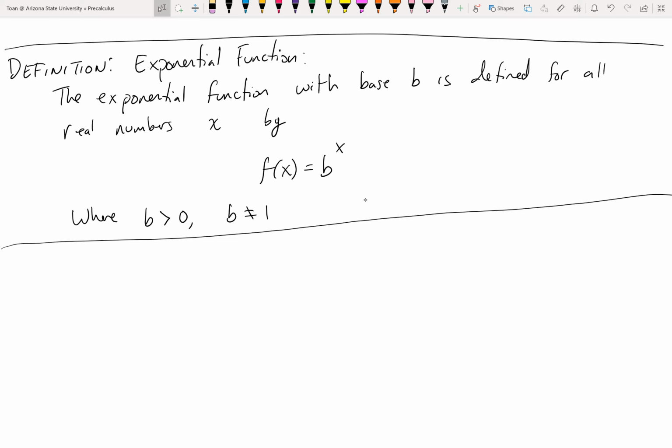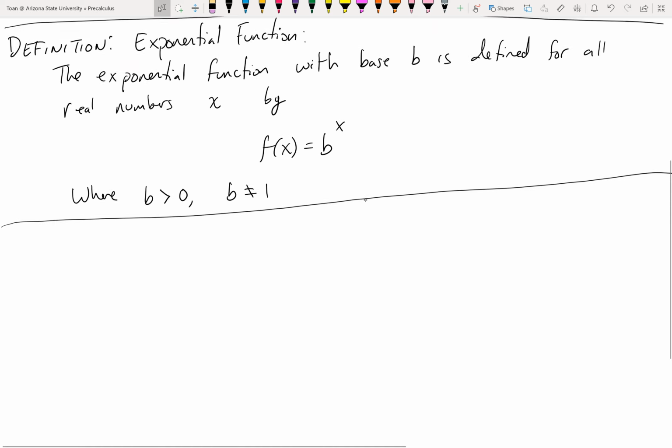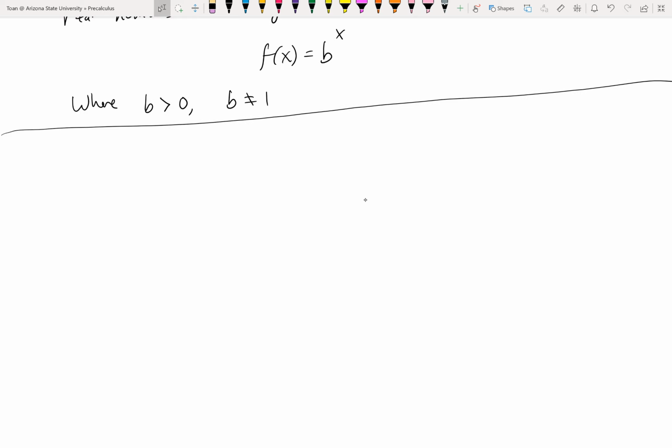Well, like with all new functions we explore, we want to know what the shape is, and the best way to look at what a shape is going to be is just to plot it. I actually want to do two functions at once here. So let's make an xy table, because that's how we analyze functions. For one function, we'll take a look at 2 to the x.